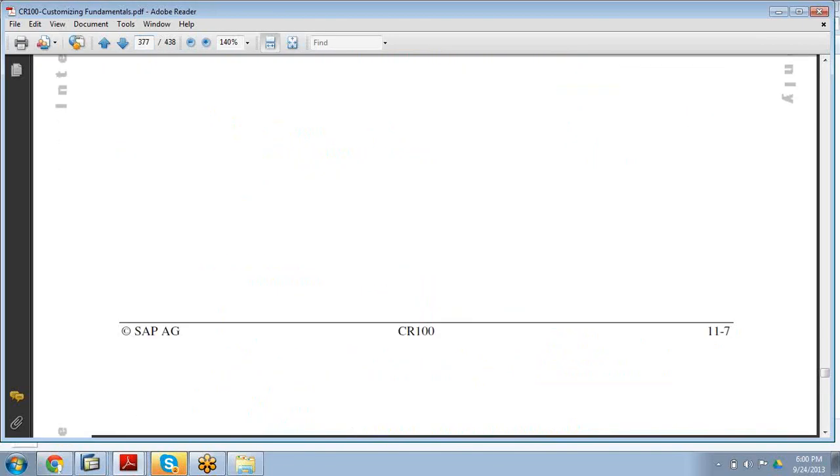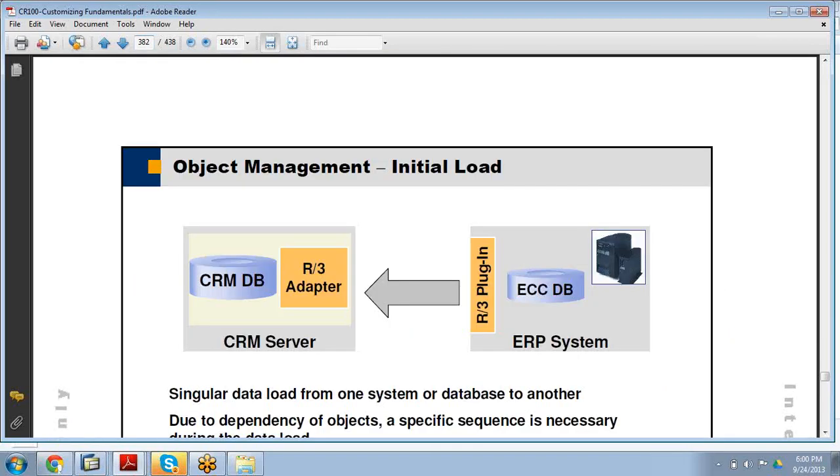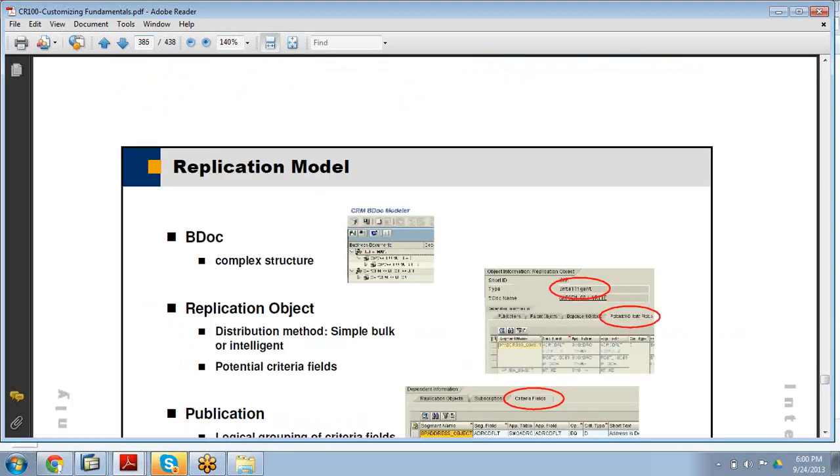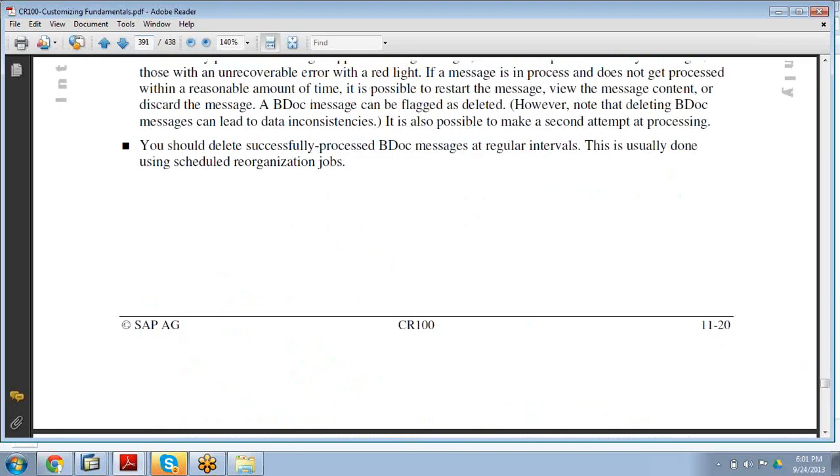So, as part of the monitoring and troubleshooting process, we have certain T codes which we have to follow frequently.